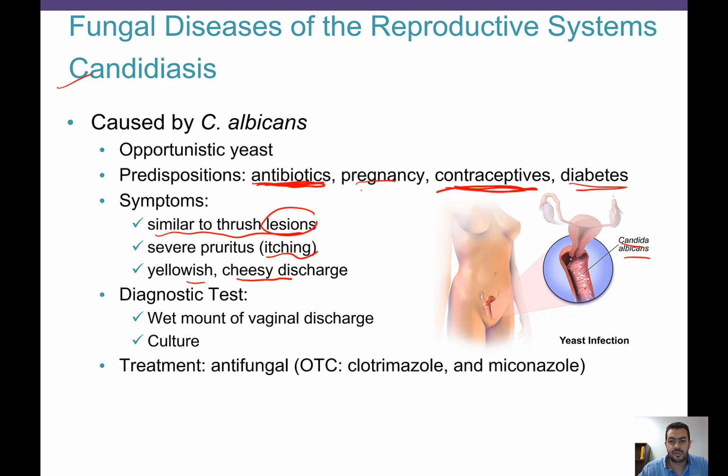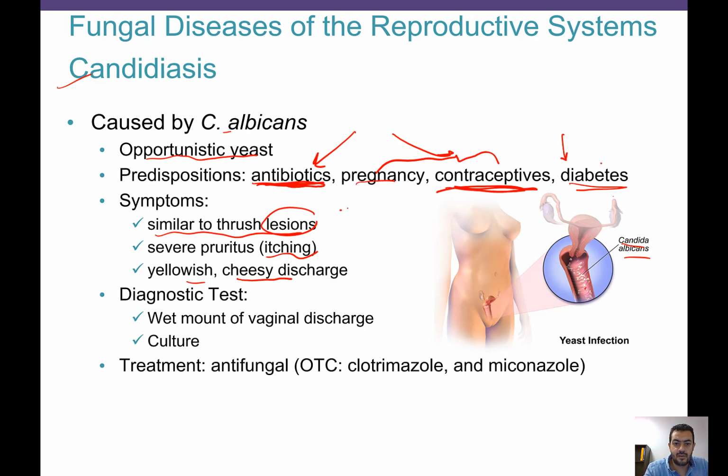All these factors are predisposing factors for Candidiasis. So Candida albicans is an opportunistic type of yeast waiting for the right opportunity. This opportunity may come after using a broad spectrum antibiotic, or after an increase in the estrogen levels, or from a disease that decreases the immunity, like diabetes.